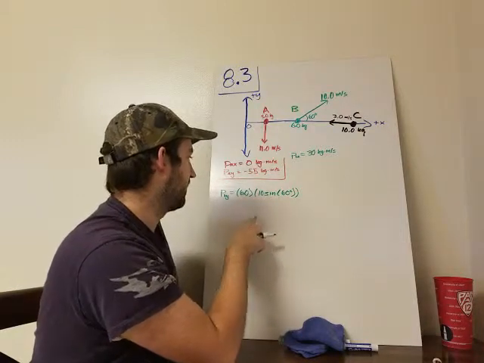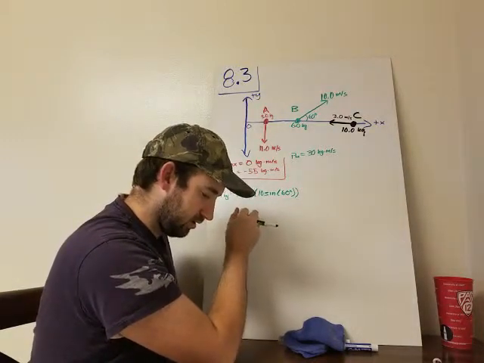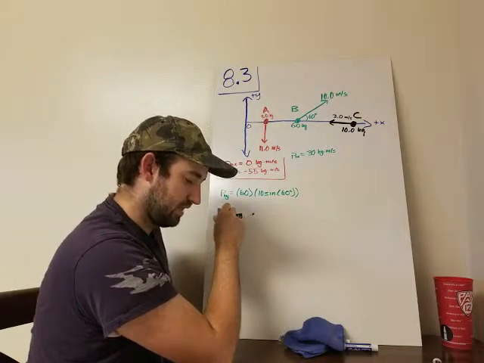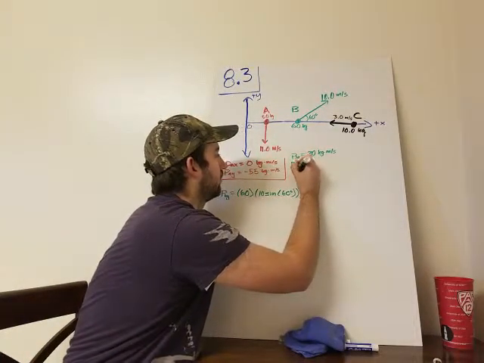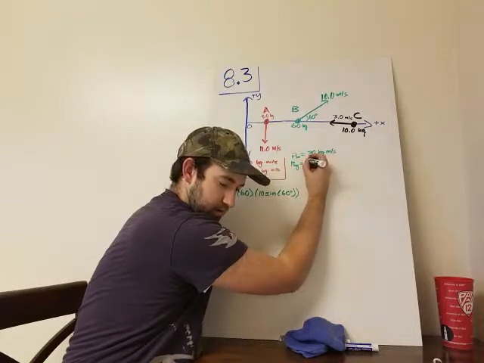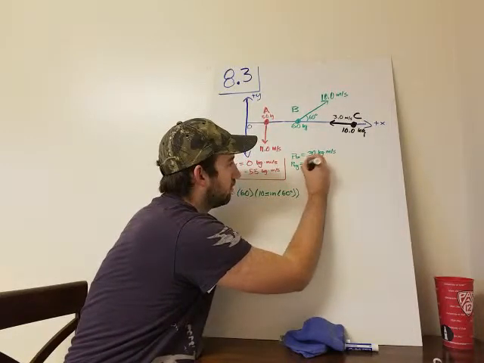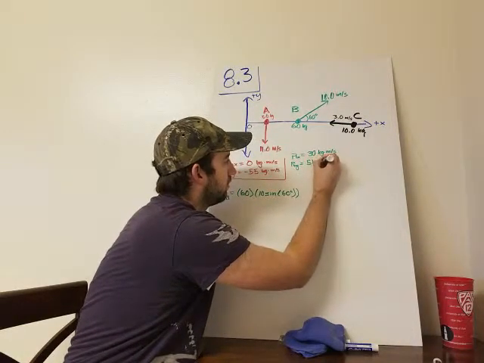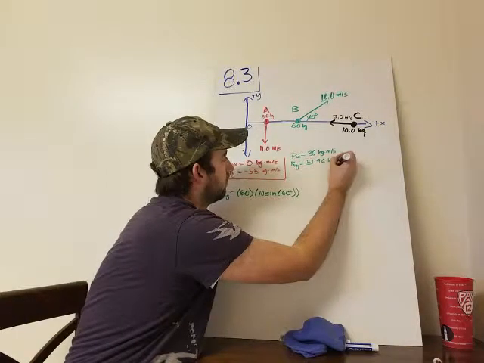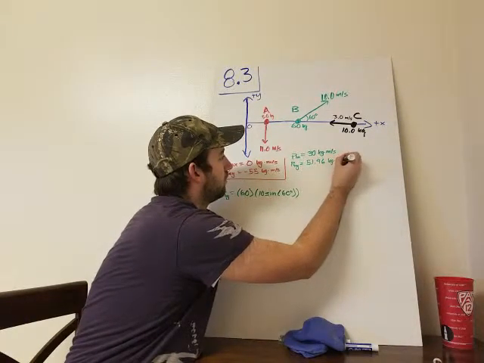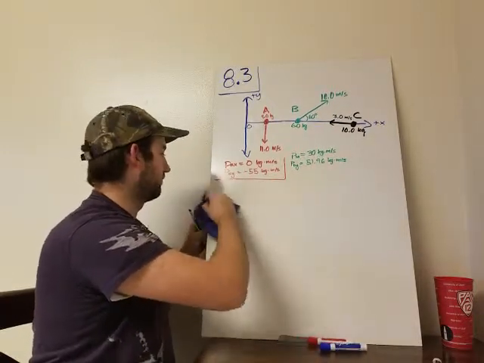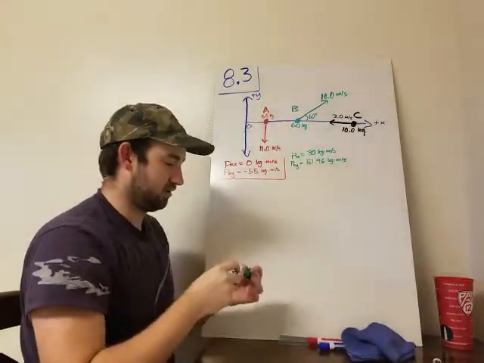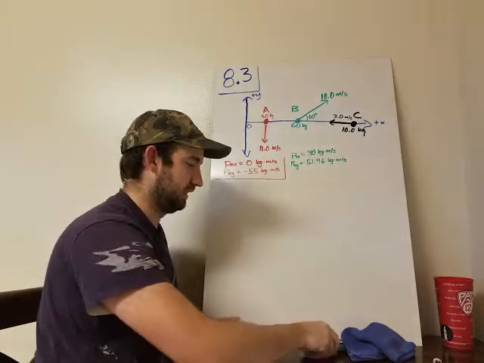So when we plug that in, we end up getting 51.96. All right. So 2 down, 1 to go. So now we'll move on to particle C.